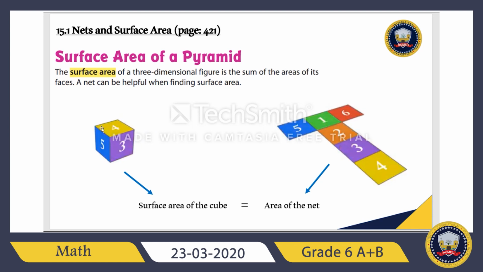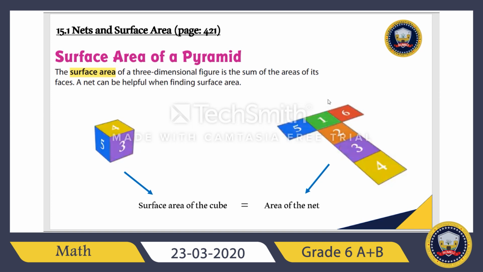If I'm looking for the surface area of my cube, it will be equal to exactly the area of my net. So we can use the net to find the surface area of any three-dimensional shape. So what is the surface area for my cube?